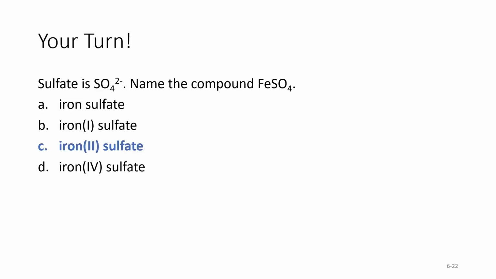All right, the answer is iron 2 sulfate. Why? We are going to put our parentheses around the sulfate and flip up our charges. This becomes Fe plus and SO4 minus. Now, why didn't we flip up the 4 to the iron?